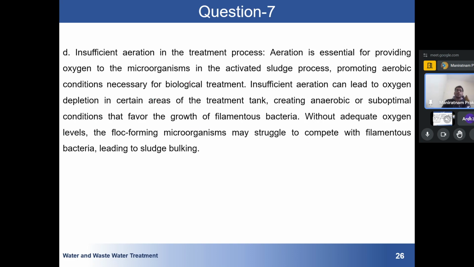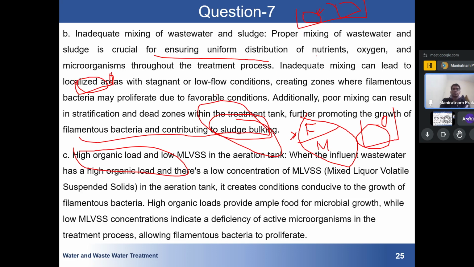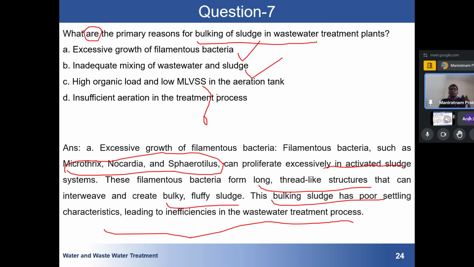Actually, here I have written it wrongly. Not wrongly, it depends on the context in which I am saying it, you should understand. But they are asking about the primary reasons. Now the primary reasons are generally two, that is filamentous growth and high food. The aeration tank or presence of proper aeration is another thing.